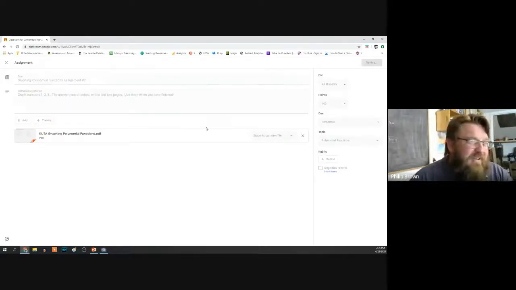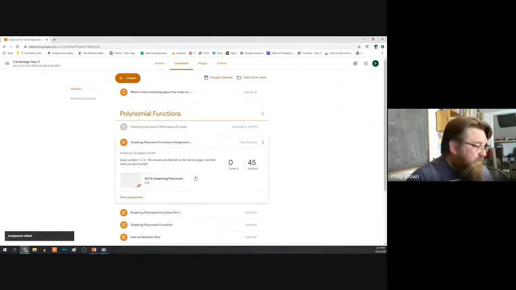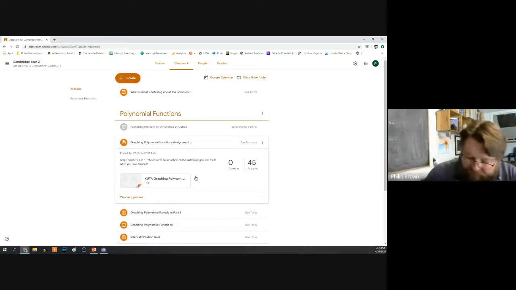Okay, so 1, 2, and 8. There we go. So I guess I'll just make one up. Should we do one that's made up with factor by grouping? Let's do one that's factor by grouping. I'm writing it out.